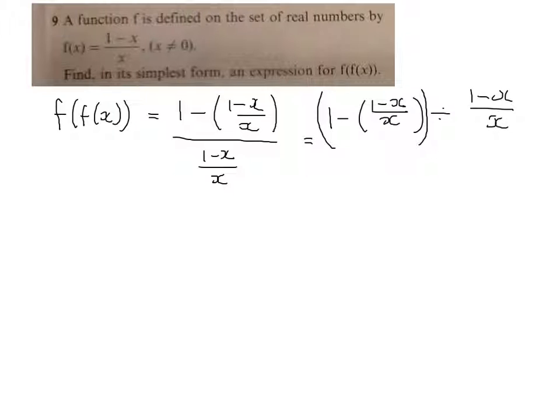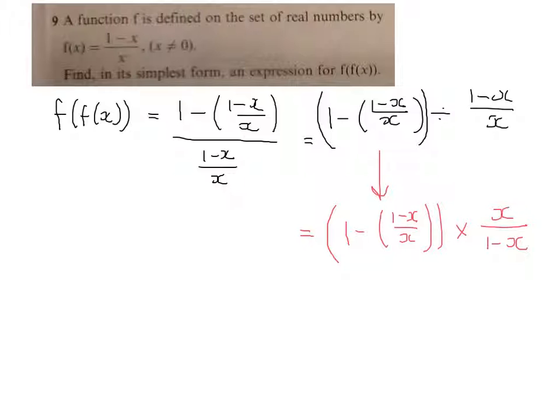Now you might remember we don't generally divide one fraction by another, and so the much more usual approach here, don't divide by a fraction, we turn it upside down and multiply. So we've got 1 take away 1 minus x over x from the first set here, so that's going to come down here, and we're going to turn it into multiply by x over 1 minus x, like that.